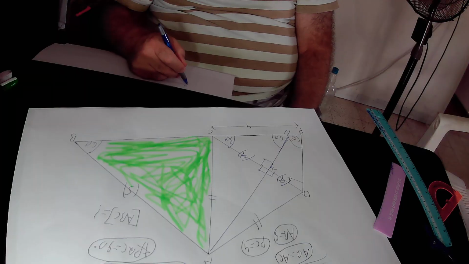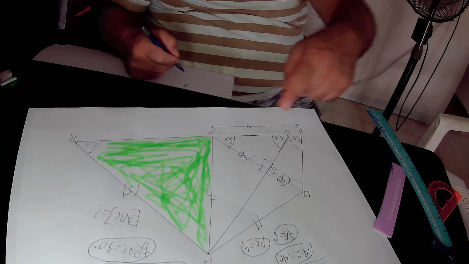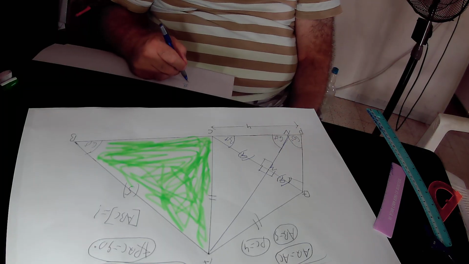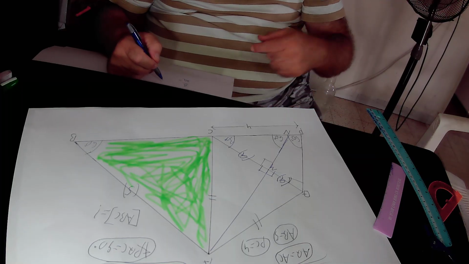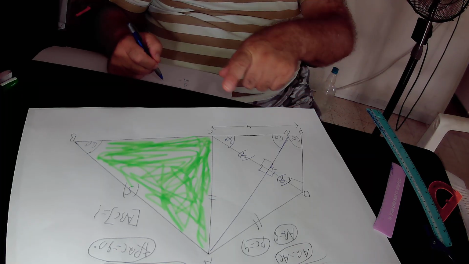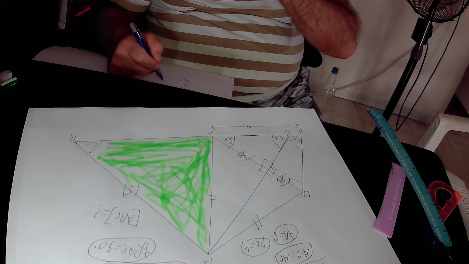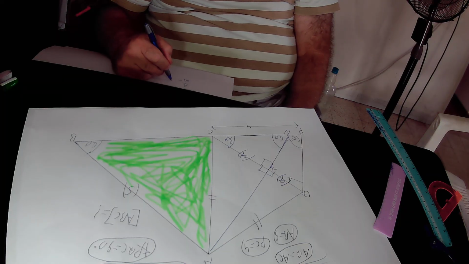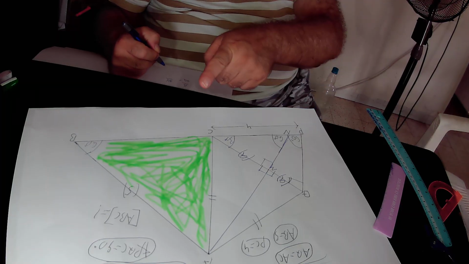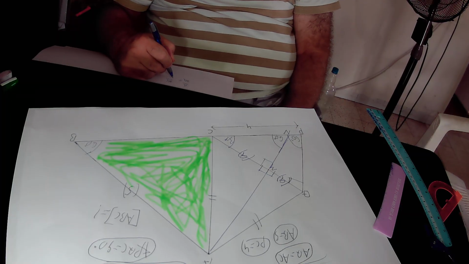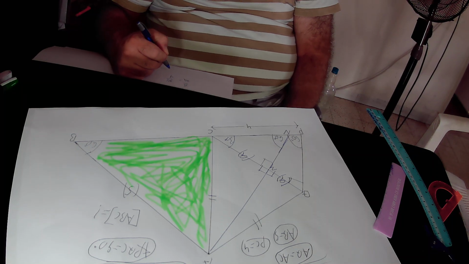MN is A over QC. QC is A plus A, that is 2A, and it equals NC. NC is the missing side, so leave it as it is, over PC. PC equals 4 units in its length according to what is given in the question.